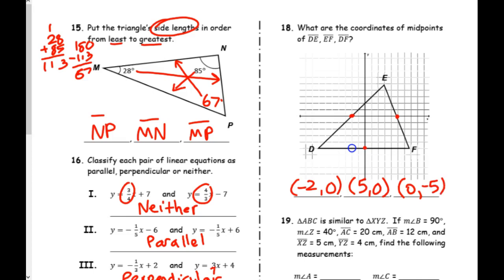Another way to do this is using the midpoint formula. Okay, so remember the midpoint formula is x1 plus x2 divided by 2. Okay, it's another way to do it.